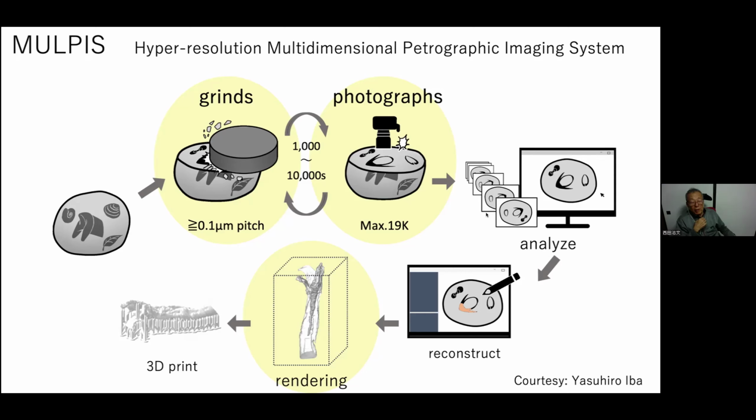The problem is that the material disappears because we grind everything. But inside, we can get a very high resolution image, and you can pick up each plant material and reconstruct it.